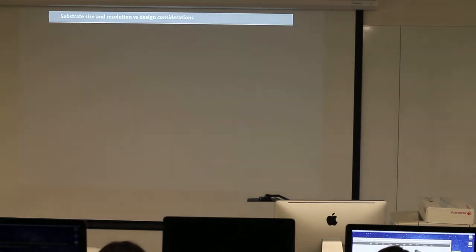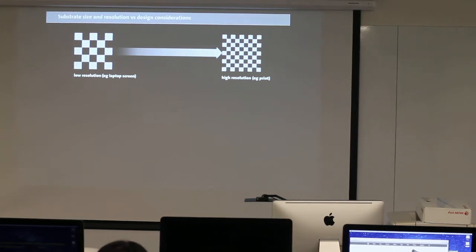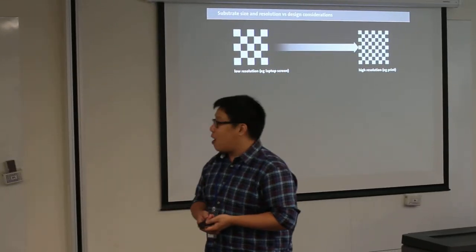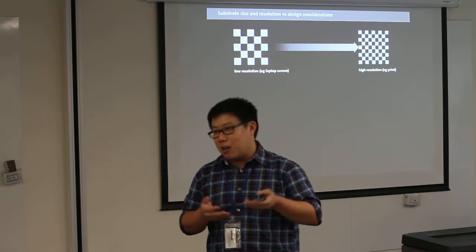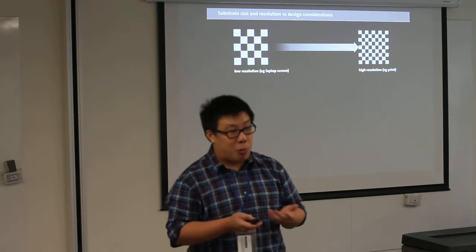Okay, so from the materiality we talked about last time, we need to be aware of the resolution. For example, a laptop screen is relatively low res, 72 dpi is pretty typical. Resolution from print is much higher. So whether it's HD or Retina, we are still working with a much higher resolution for print.